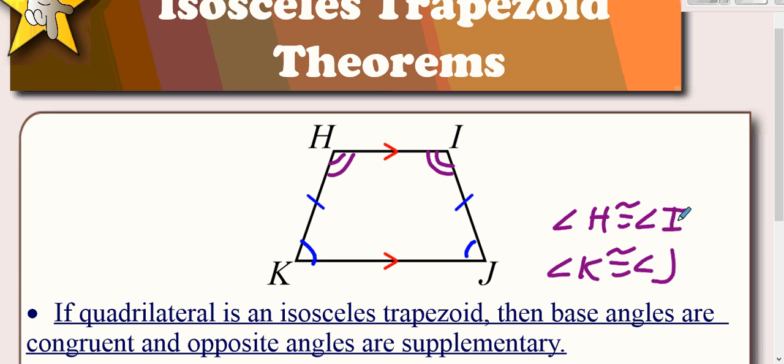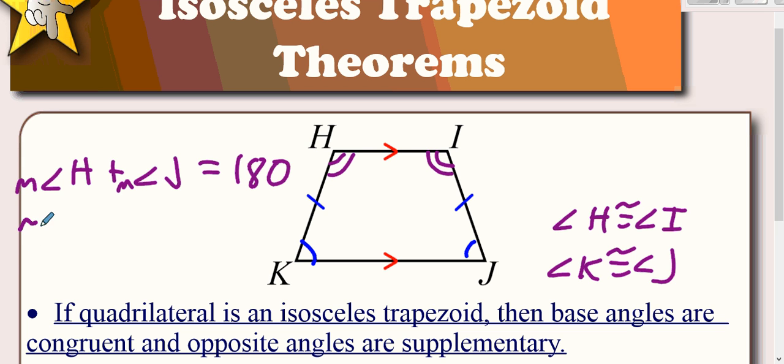And the other thing that this says right here is that opposite angles are supplementary. So that means angle H and angle J are opposite. Add to 180. And same thing with K and I. Angle K plus angle I, they add to 180. Because they are supplementary.